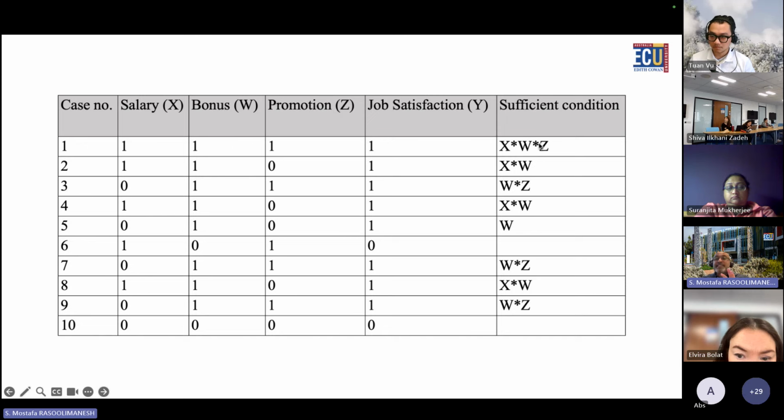So W is necessary to create job satisfaction, but alone is not sufficient. It cannot create job satisfaction without other factors, but it is a necessary factor, without which job satisfaction cannot be achieved.